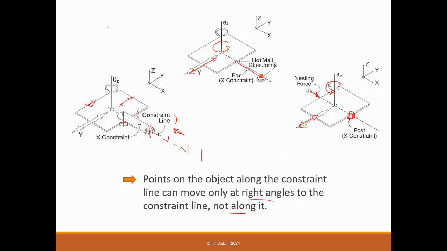So suppose I consider this constraint line, hot glue, and then I have an object attached here, right? Just go by the normal mechanical definition. What we are saying is that this line is a constraint. So this object cannot move along this line. It's not possible.